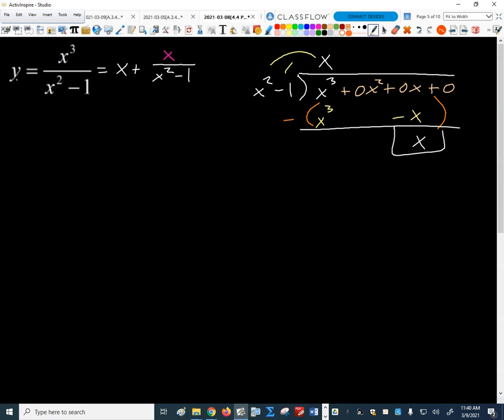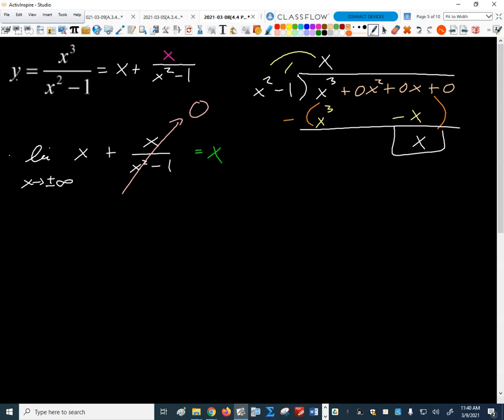And so now if I take the limit of x plus x over x squared minus 1, as x approaches plus or minus infinity, look what happens. I get this rational function where the bottom is bigger than the top. So that rational function in the infinite limits goes to 0. And so I'm just stuck with my limit is equal to x. So my slant asymptote is the line y equals x.